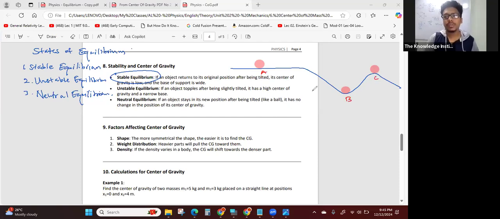Out of these 3 points, which point is stable? A or B or C?